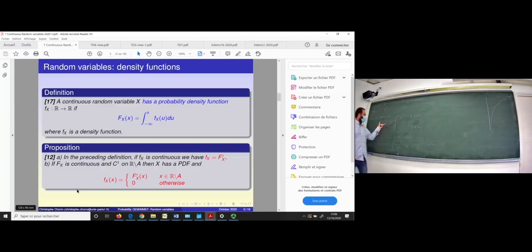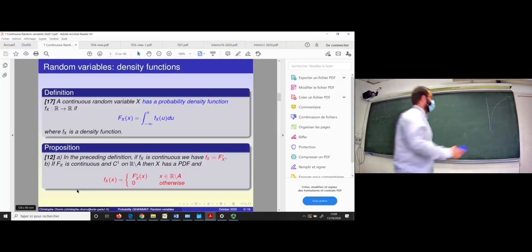And I know that when x is strictly positive, to say that the exponential of u is less than small x is exactly the same thing as to say that u is less than the logarithm of x, because the logarithm is the inverse of the exponential and is a strictly increasing mapping. Okay? So it means that now I am able to express the distribution function of z in terms of the distribution function of u. For the moment I haven't used the fact that u is a uniform on the interval 0, 1, we are going to use this fact.